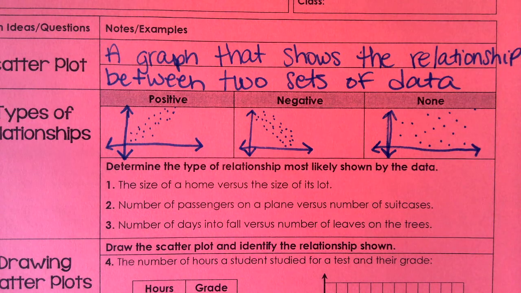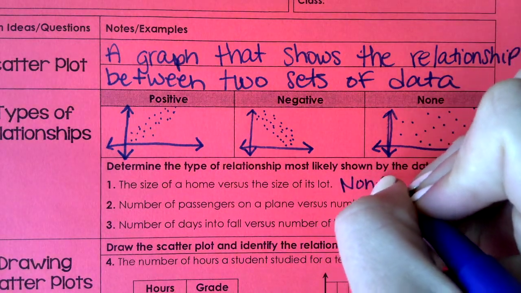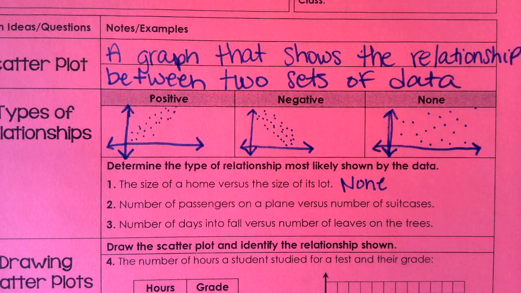Does that have a positive relationship, negative relationship, or none? None. There's no relationship. I could have a really big house but not a lot of land. I could have a really small house and have a lot of land. I could have a lot of land and have a big house. There's no relationship between how big your house is and how much land you have.